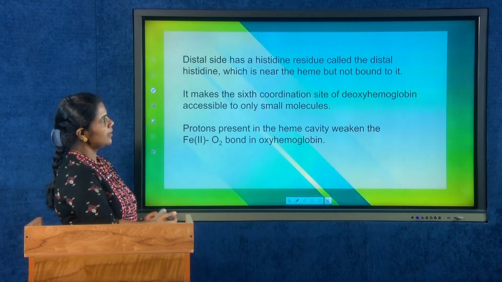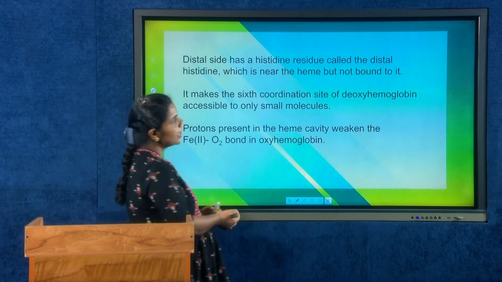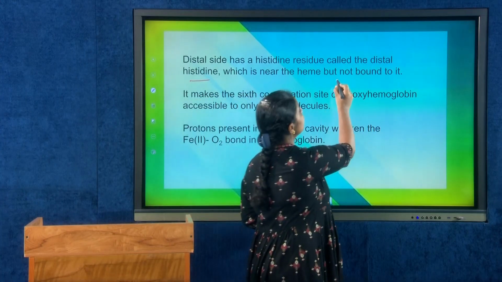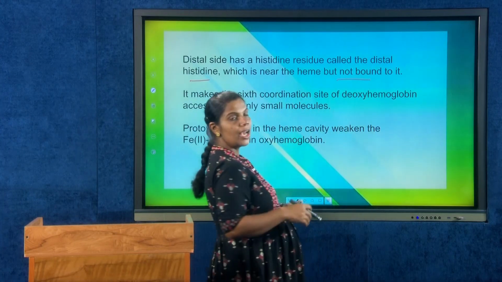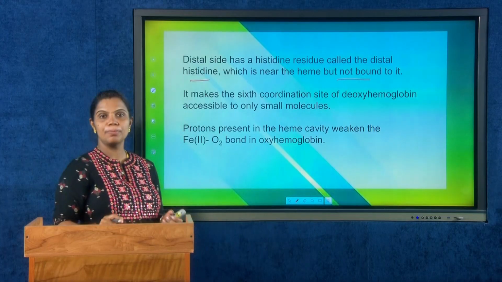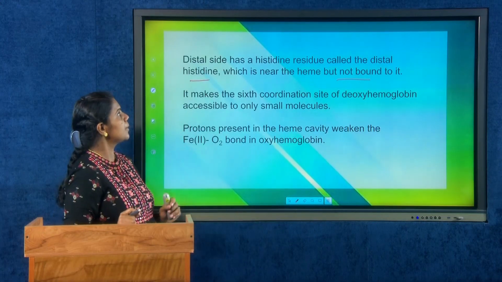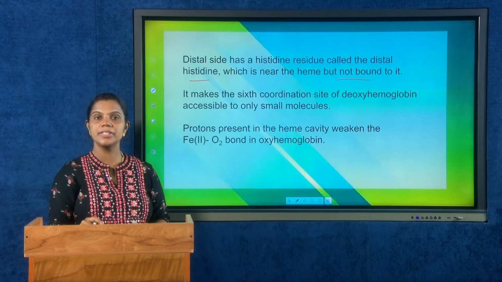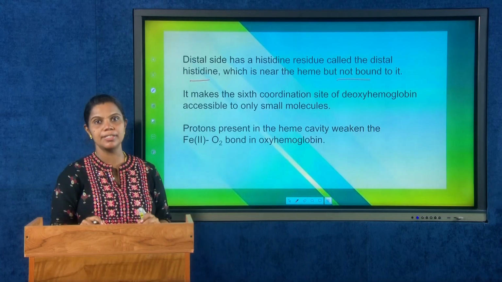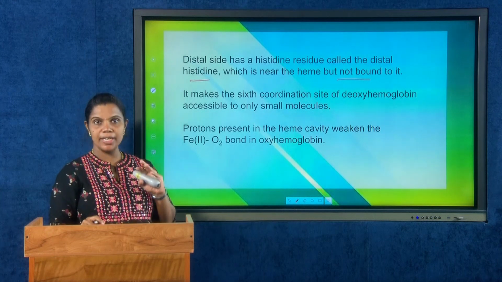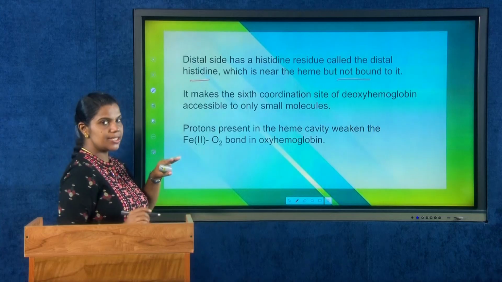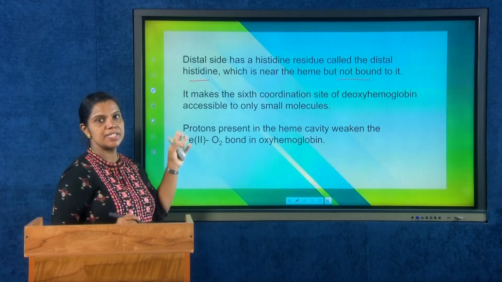The distal side has a histidine residue called the distal histidine, which is near the heme but clearly not bound to it. In the last lecture on myoglobin, we already learned about the distal and proximal histidine. The proximal histidine is bonded to the iron atom, while the distal histidine is not bound to the iron atom but is present in its vicinity.